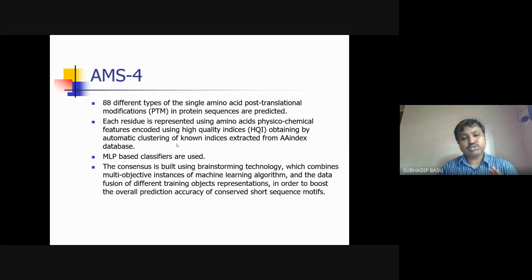But if you want to start and understand the general classification mechanism, probably AMS-3 will be a bit easier for you to understand because it uses flat classification mechanisms with 10 different features. So it will be a bit easier to understand, and in AMS-4 follow carefully the consensus mechanism.